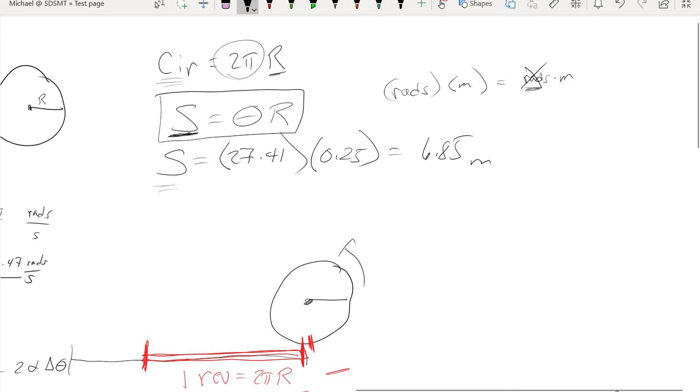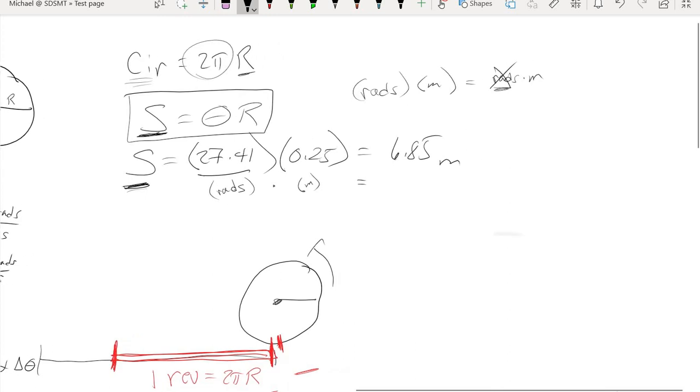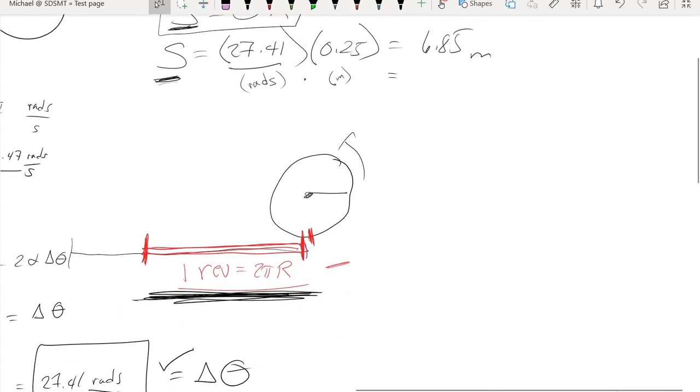So when we take our values of 27.41 radians and we multiply it by 0.25 meters, the only thing that we need out of that combination is the meters. It doesn't really make sense to measure a physical distance using an angular unit because we've never had to do that before.